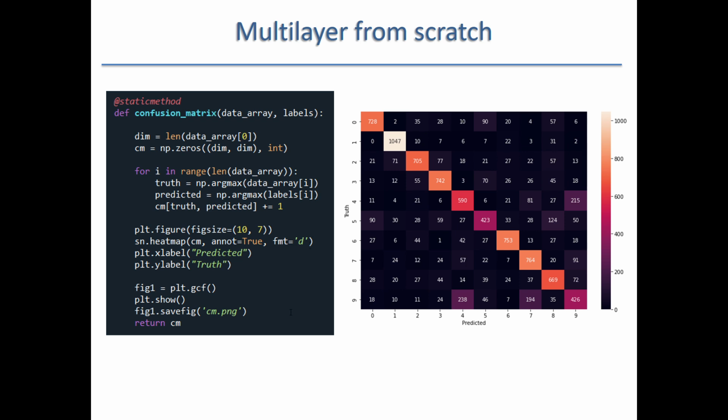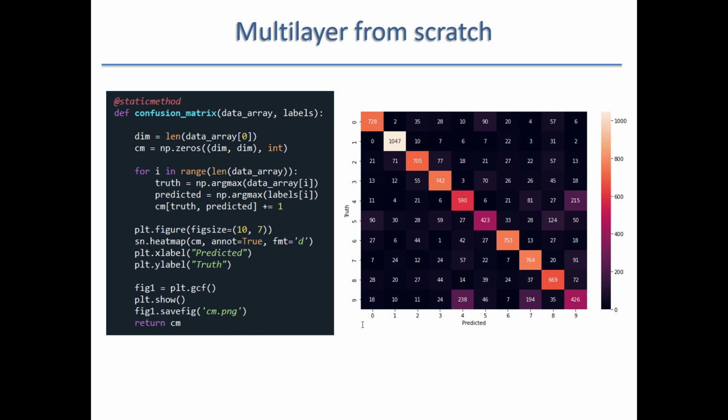Then we have the loss function. So we have the loss functions and the optimizers. The optimizers we have already seen, and the loss functions we have not seen. We have here the two possible loss functions. One is categorical cross entropy, that is the one for multiple outputs, and binary cross entropy if you have just two outputs.